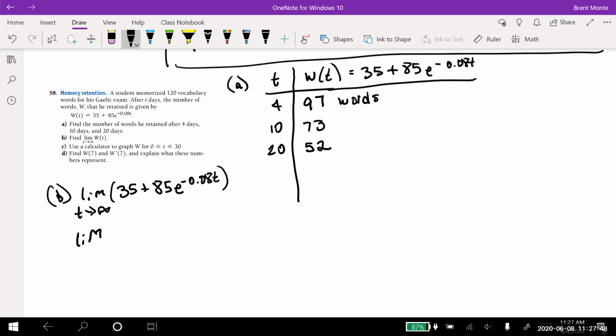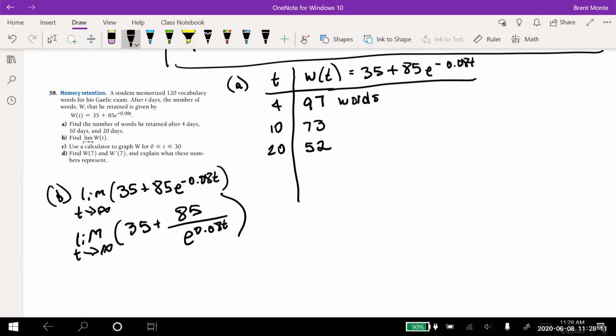So it's really this. Limit as t goes to infinity. I don't know why I made the t so big. So we'll make it a little smaller. Limit as t goes to infinity of 35 plus 85 divided by e to the 0.08t. Remember, that's what that negative exponent did.